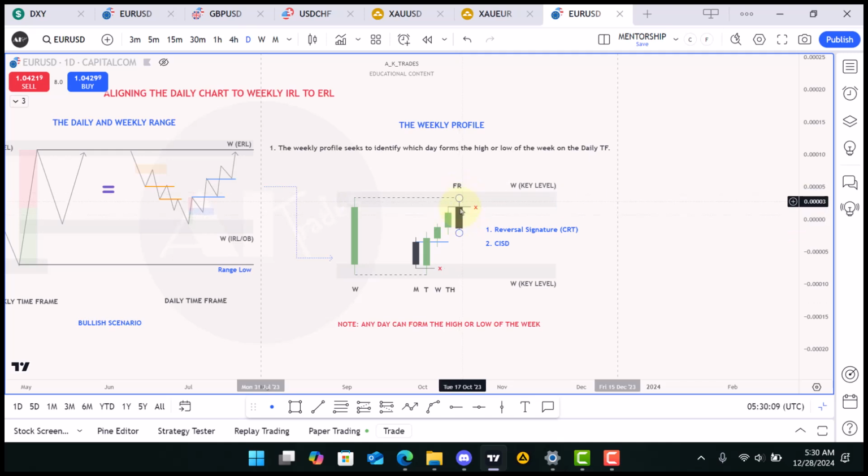So what you see here is ICT Stanford is Friday, where the Friday closes about 20 to 30% within the weekly range. So Monday was bearish, Tuesday proceeded to be bullish, Wednesday bullish, Thursday bullish, and then Friday closed bearish.